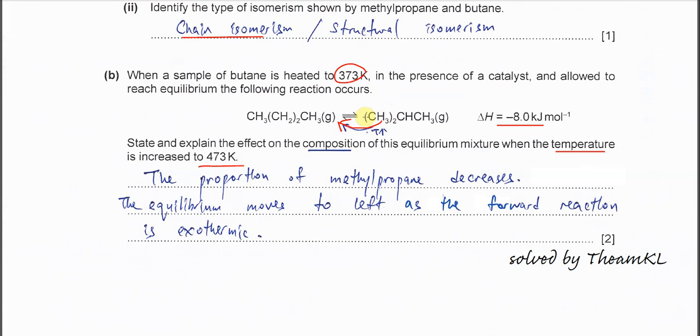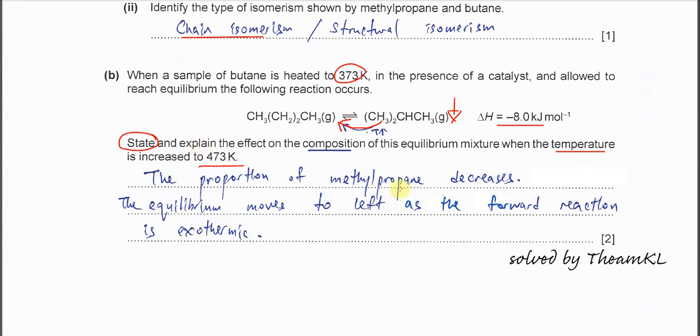That's the reason why it shifts to the left. When it shifts to the left, we know that methylpropane decreased, and of course butane increased. So what you can state is the proportion, which one decreases, which one increases.